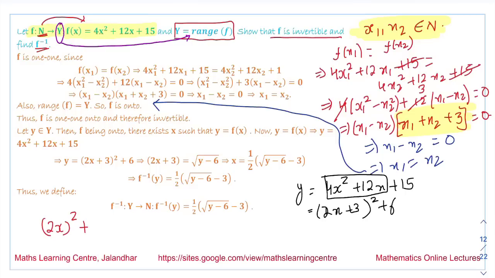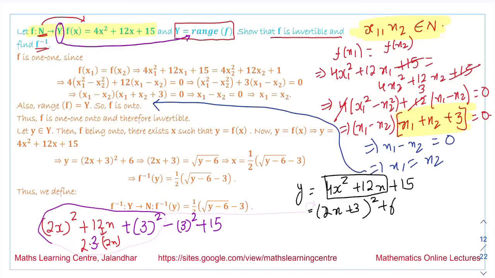So this 12x we can write as 2 times 2x times 3. The term present over here is 3, which means the term we need is 3 square. We add 3 square and we subtract 3 square from this term.